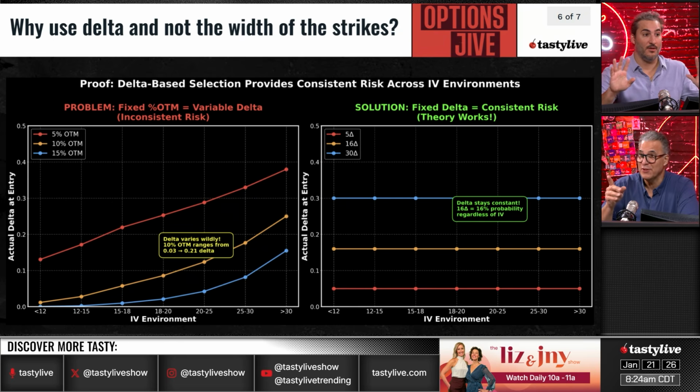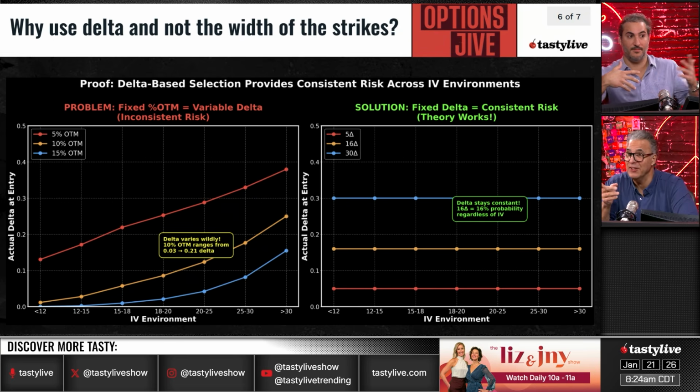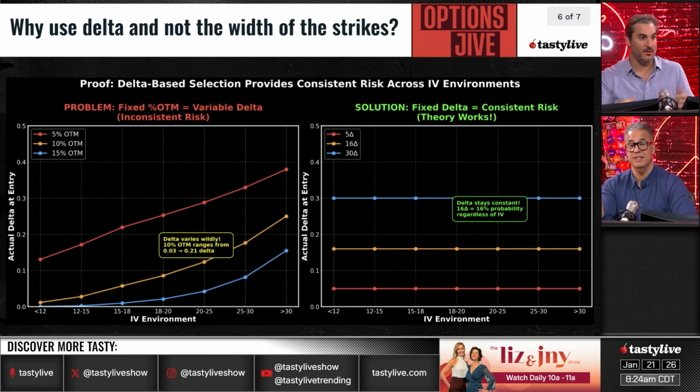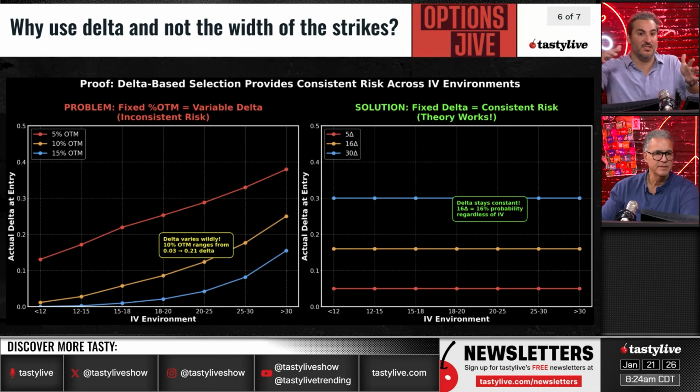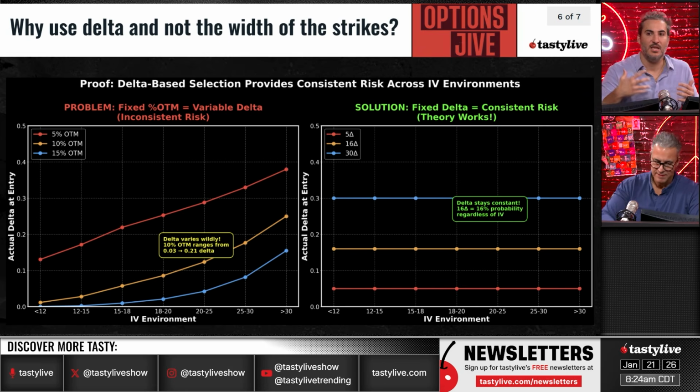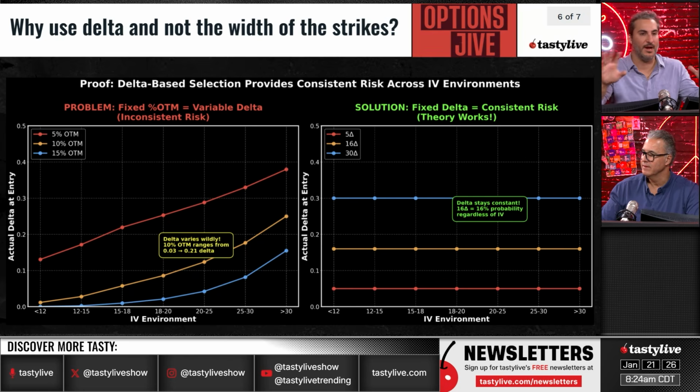Or if there's skew, it could have a 50 delta being $10 out of the money, which you would never expect, in silver or gold. We were looking at the calls yesterday where at-the-money calls were like a 55 delta. That's not incorrect. It's just that the pricing skews the distribution higher. And so using delta is the only way to compare apples to apples.